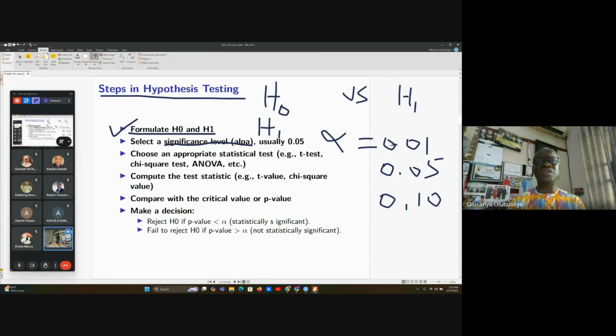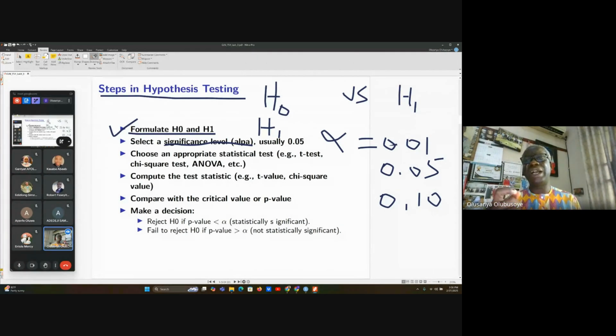You don't want to reject the null hypothesis when it is true. You don't want to do that. So you want that probability that you will reject the null hypothesis when it is true to be very, very, very small.